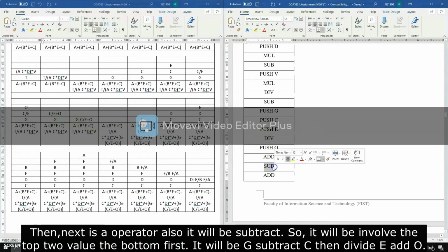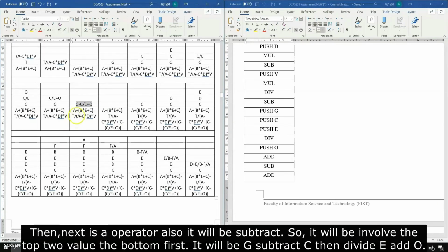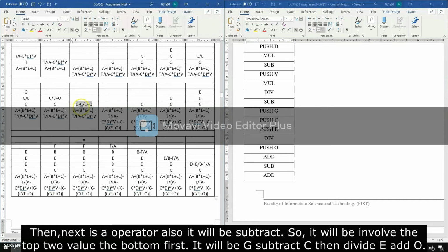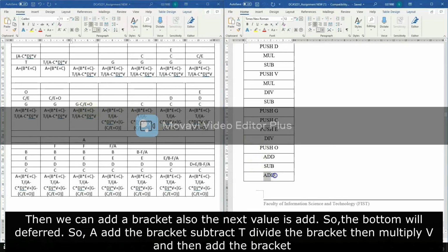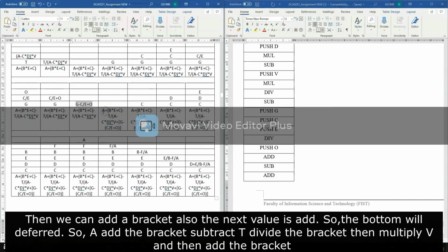Then next is an operator also. It will be subtract. So it will involve the top two values. The bottom first, it will be G subtract C, then divide E add O. Then we can add a bracket also. Then now the next value is add, so the bottom will be first.